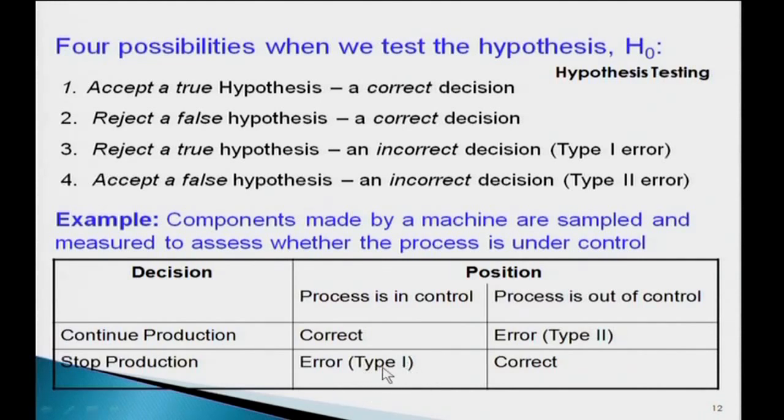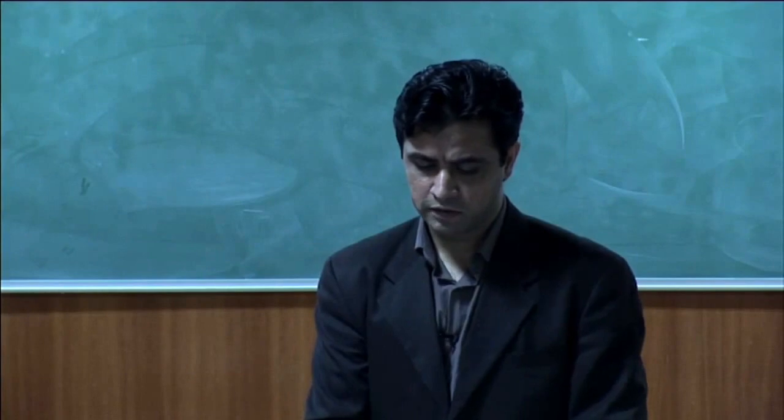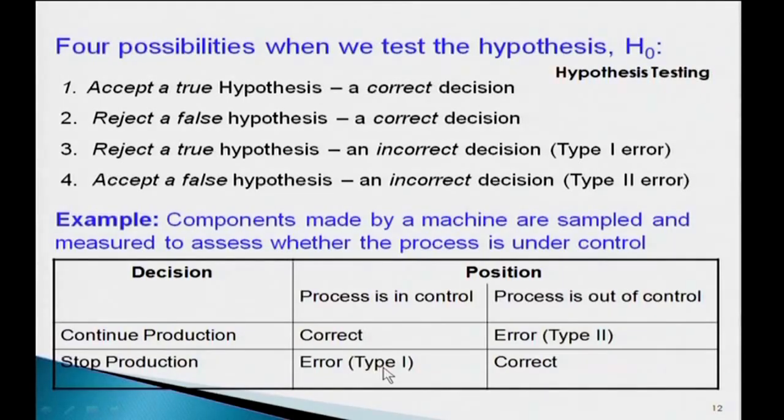That is why they would like to reduce such items in the delivery, so that whatever product reaches the consumer is error free. So, the producer has to decide how much percentage of items with errors should be stopped. So, it is a producer's risk.